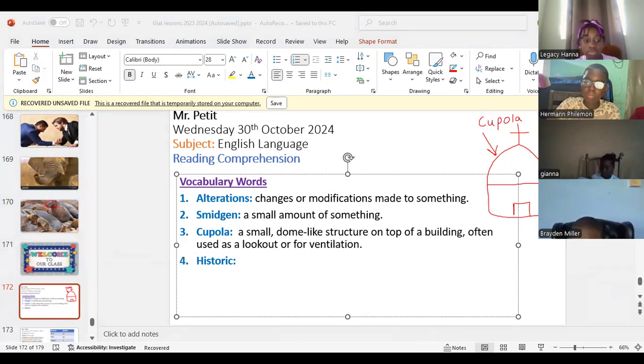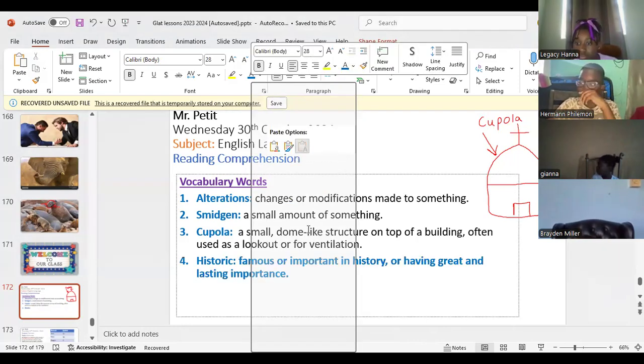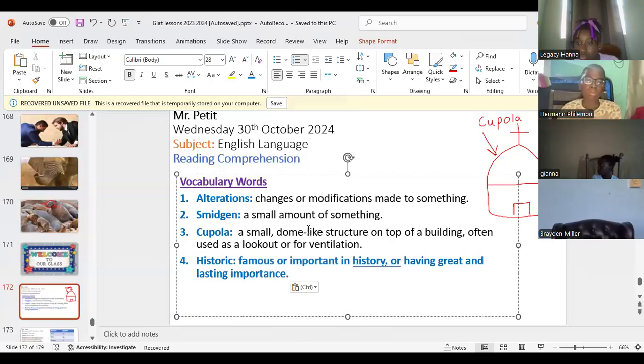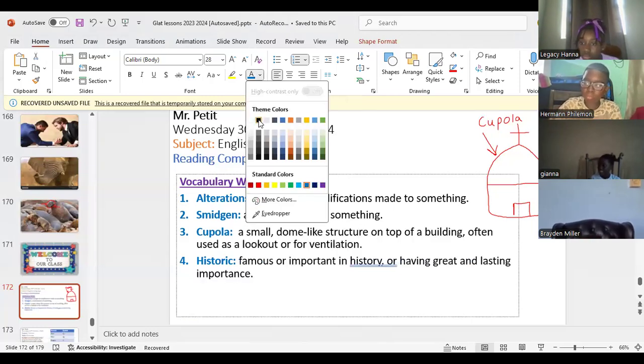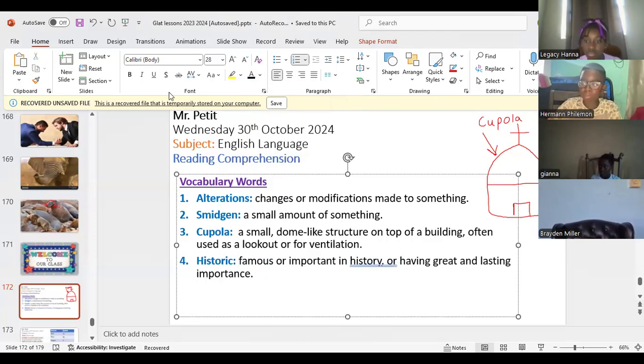Like a historic building. A building could be historic. It's ancient, it's old. It has some sort of importance, right? So you have historic buildings, historic paintings, historic artifacts. It's important history. Historic.